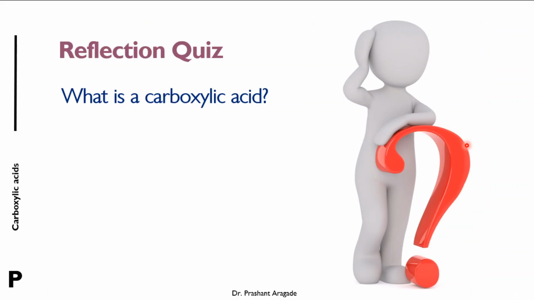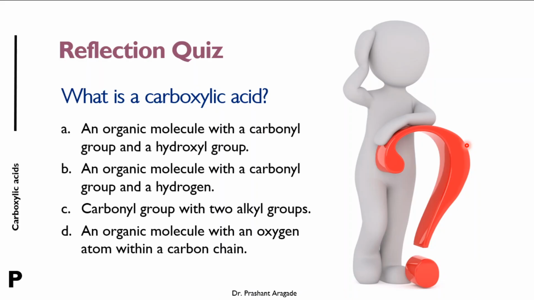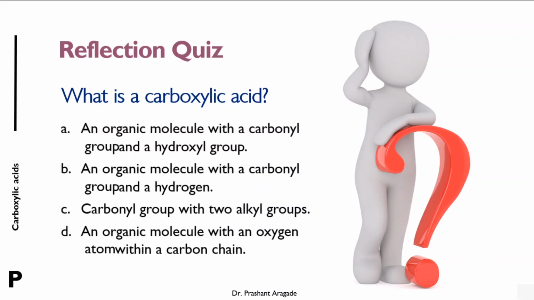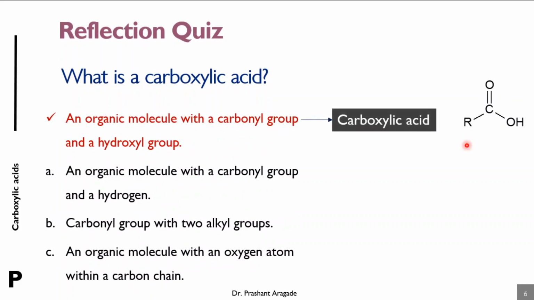Pause the video for a while, think about this question and choose the correct option. What is carboxylic acid? The correct answer is option number 1. That is, carboxylic acid is an organic molecule with a carbonyl group and hydroxyl group. So C double bond O is a carbonyl group, with a hydroxyl group.